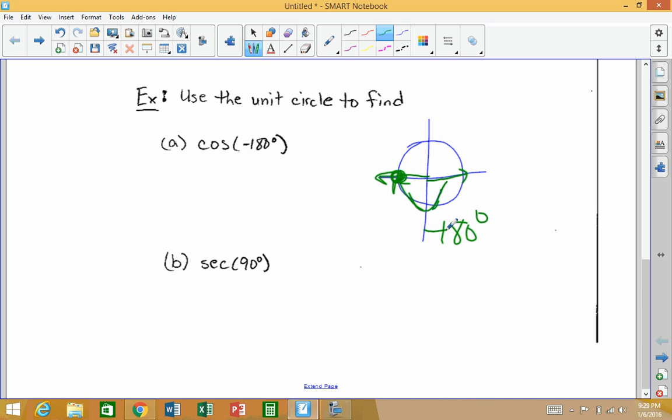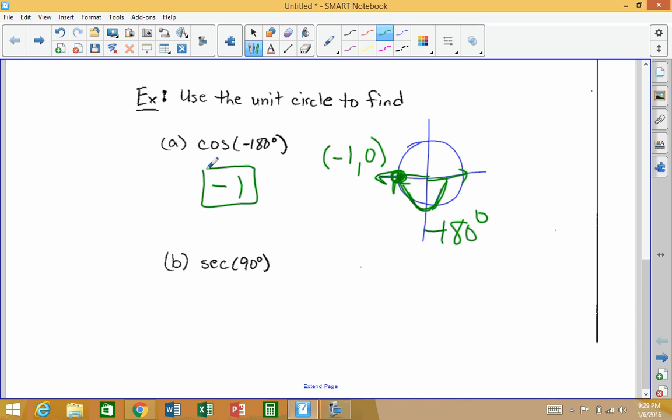So negative 180. If we know this point on the unit circle, which we do, it's negative 1, 0. We can solve for the cosine of negative 180 degrees. The cosine is the x coordinate, so the cosine of negative 180 degrees is simply negative 1.